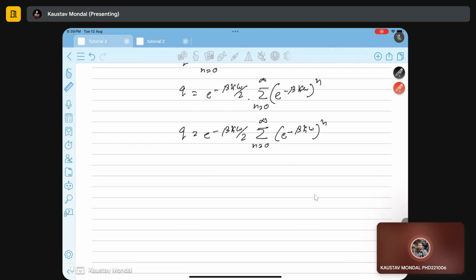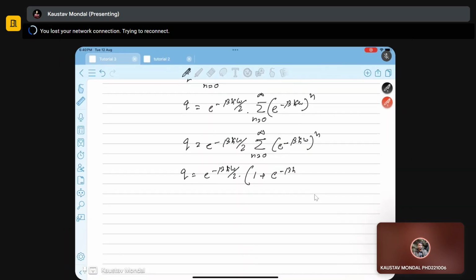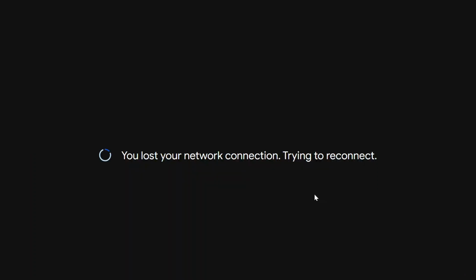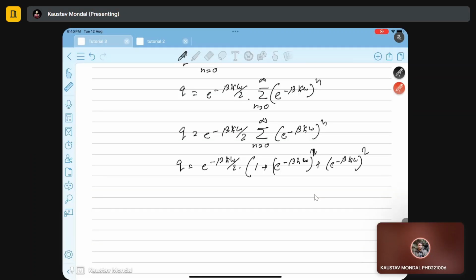If you do the whole summation, the first term, to the power 0, is basically 1. Then you get e to the power beta h-bar omega to the power 1, then e to the power beta h-bar omega squared.